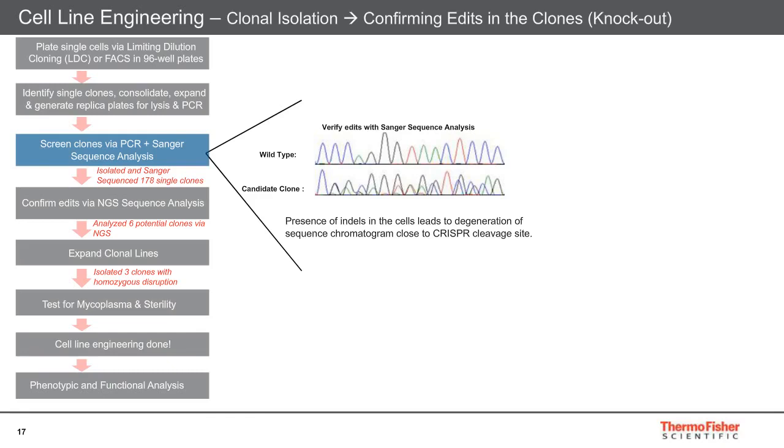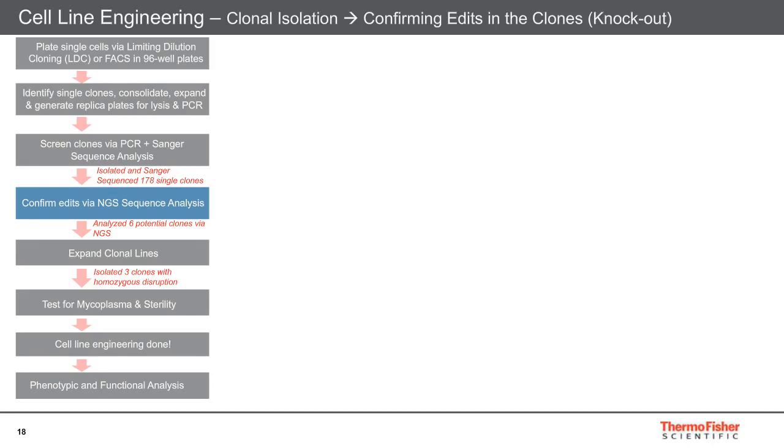The candidate clone has several peaks that are degenerated and overlapping, whereas the wild type shows a nice chromatogram. So these candidate clones we can pursue further and identify what are the indel events that occurred within. In this particular situation, we did sequencing of 178 single clones and identified 6 potential clones to pursue further using NGS.